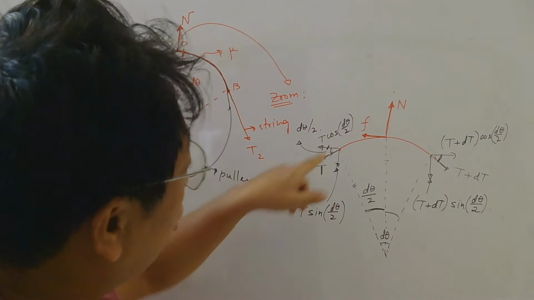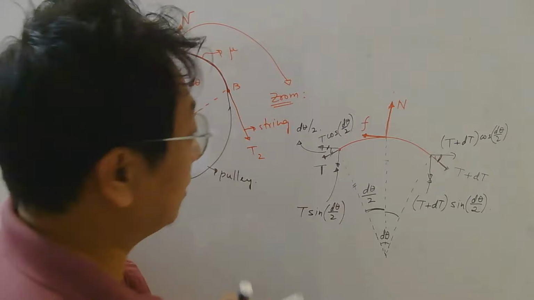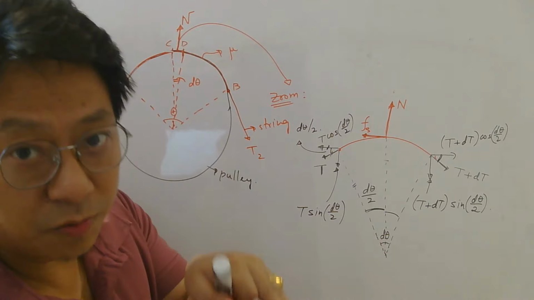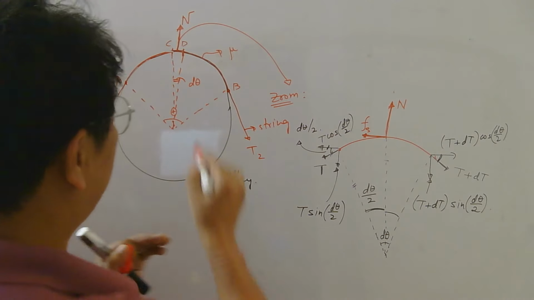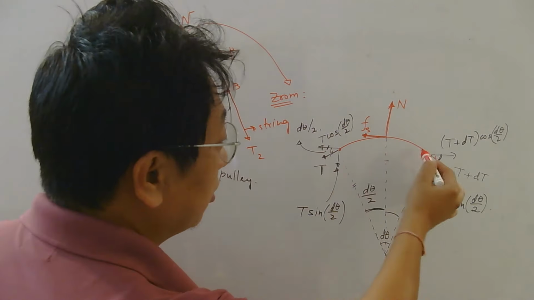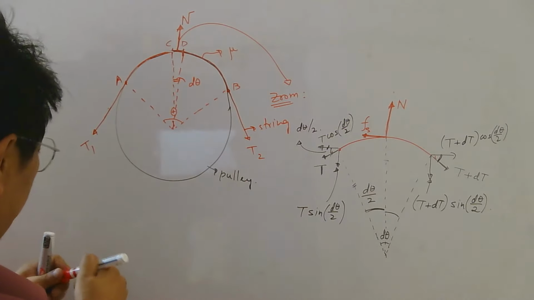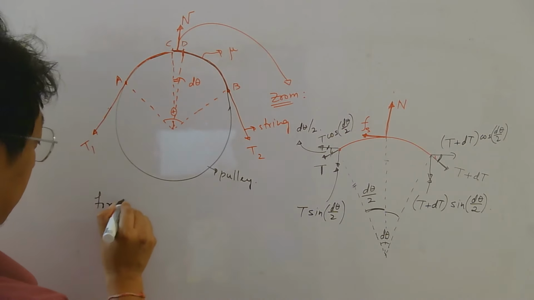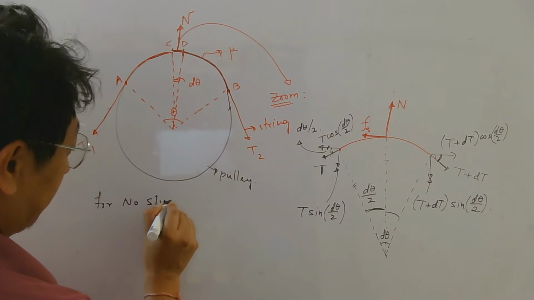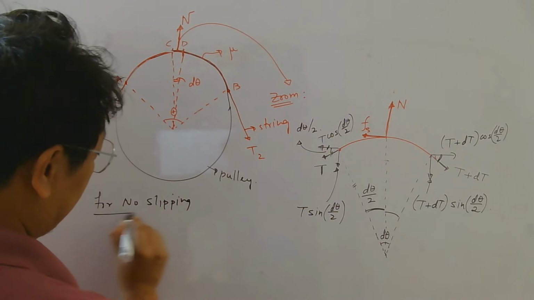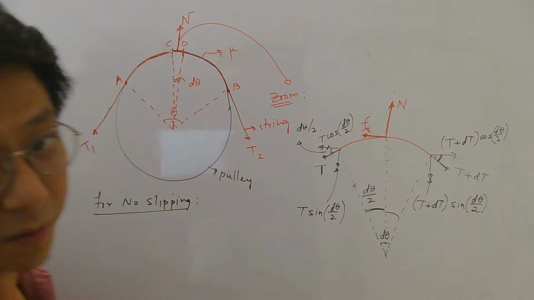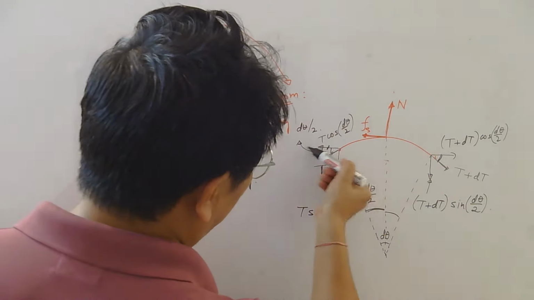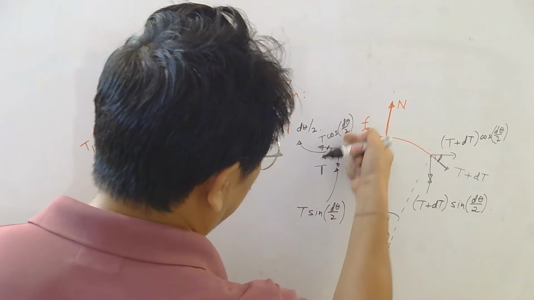Correct? Now, as long as this friction is static friction, this part of the rope will be at rest with respect to the pulley. So if the pulley is at rest, this rope also should be at rest. So for no slipping, we know friction here should be static friction, remember. And that static friction plus this component, you can see this force is left side, this is left side.